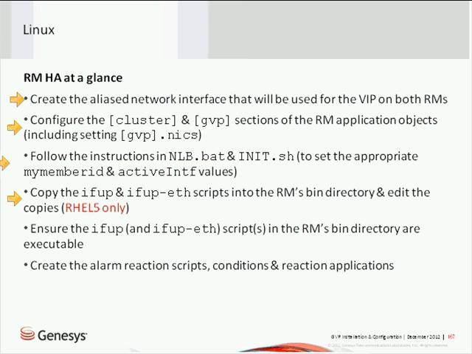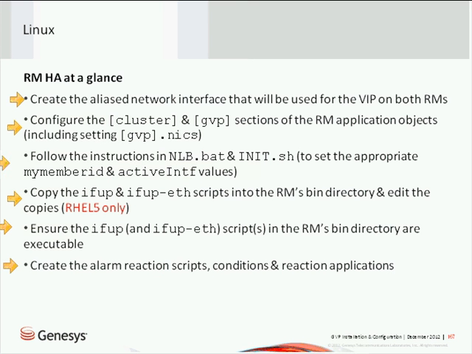You do have to edit them. This will basically allow the resource manager to start up the alias NIC without sending ARP queries to make sure that no one else has taken this particular IP address. Make sure those scripts are executable, and then there's a whole section in the deployment guide about alarm reaction scripts. Basically, with Windows NLB, the scripts will enable itself and disable the other system, so it actually has control over both systems, whereas with Linux, it only has control of itself.